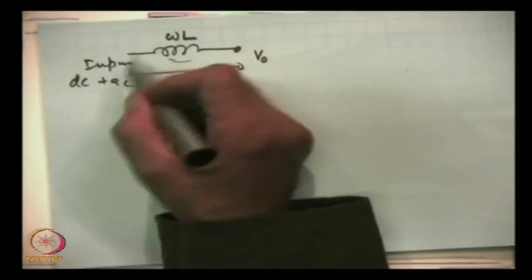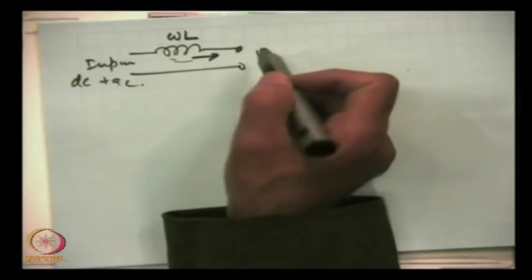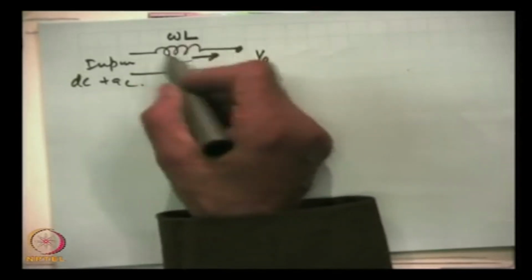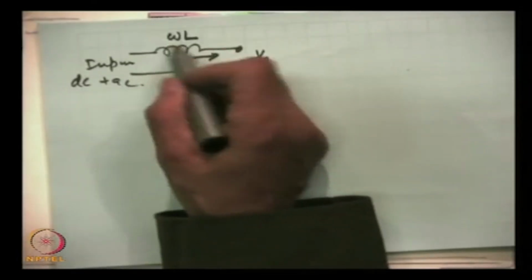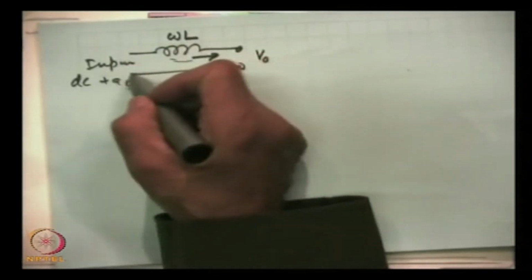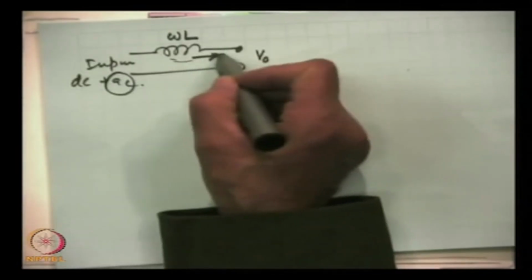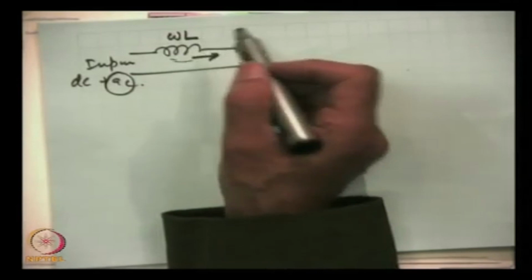Therefore more DC will pass to the output, while AC will be prevented by this inductor, and there will be an AC voltage drop across it. That is, the AC part is drastically reduced in the output, and that has been taken care of by the inductor.